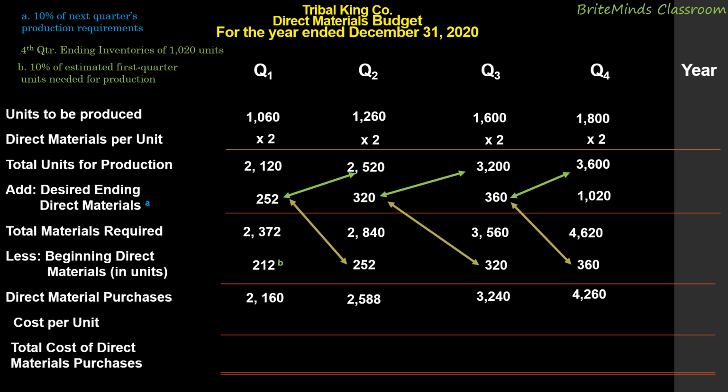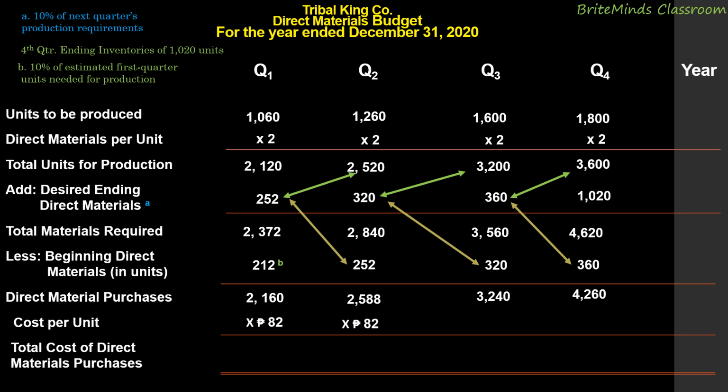Okay, so then to determine the total cost of direct material purchases for the 4 quarters. Okay, so the cost per t-shirt production, let's say it will cost 82 pesos. So we will multiply the direct material purchases by 82 pesos.